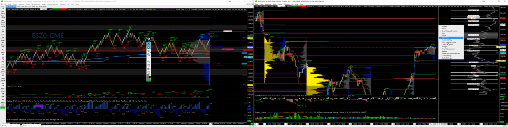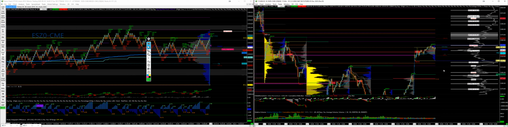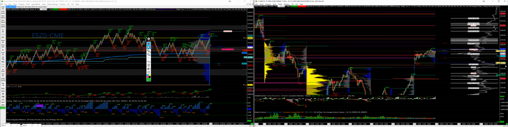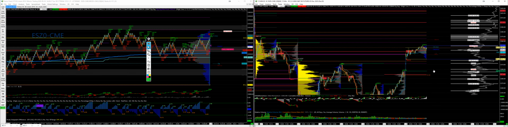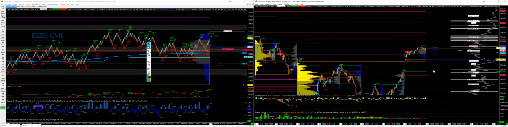So if we've accumulated enough volume to leave this area and explore prices, I expect scenario 3 to be to the upside, balance leads to imbalance, or the imbalance to the upside, and this scenario 3 looks like this.